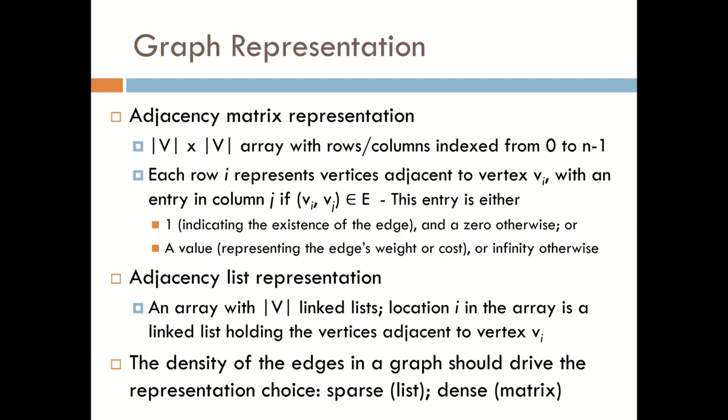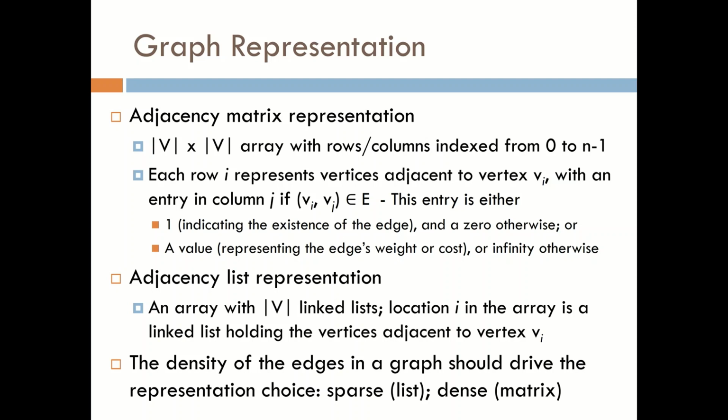Okay, and the entry in this case is either going to be a 1, which simply indicates the existence of an edge, and it's a 0 otherwise, or it can be some value, usually a floating point value, representing the edge's weight or cost.